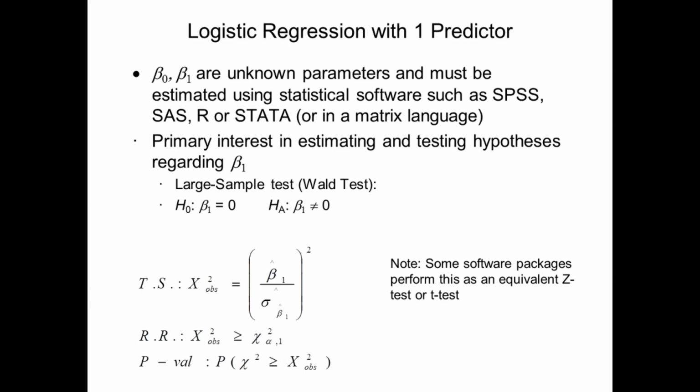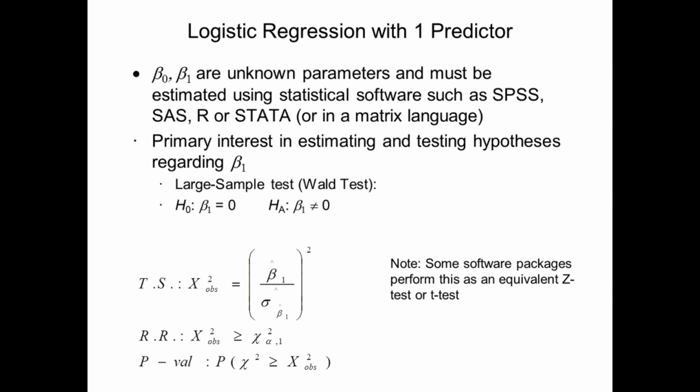For large sample tests, we use the Wald test when we have a large sample. The test statistic is given by the square of the ratio of beta 1 over the variance of beta 1.